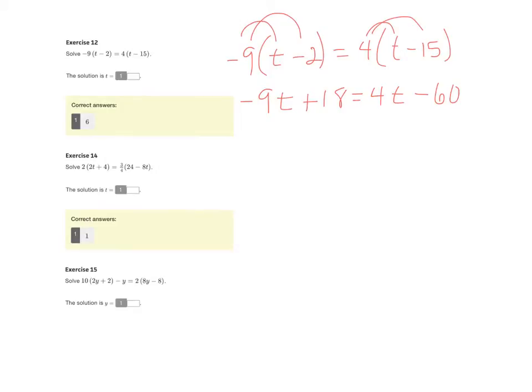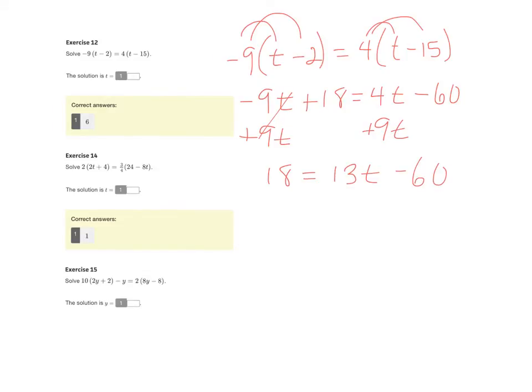Alright, now let's look at our variables. We could add 9t to both sides and that would be positive, or we could minus 4t from both sides and that would be negative 13. So what we're going to do is add 9t. That's going to give us 18 is equal to 13t minus 60.